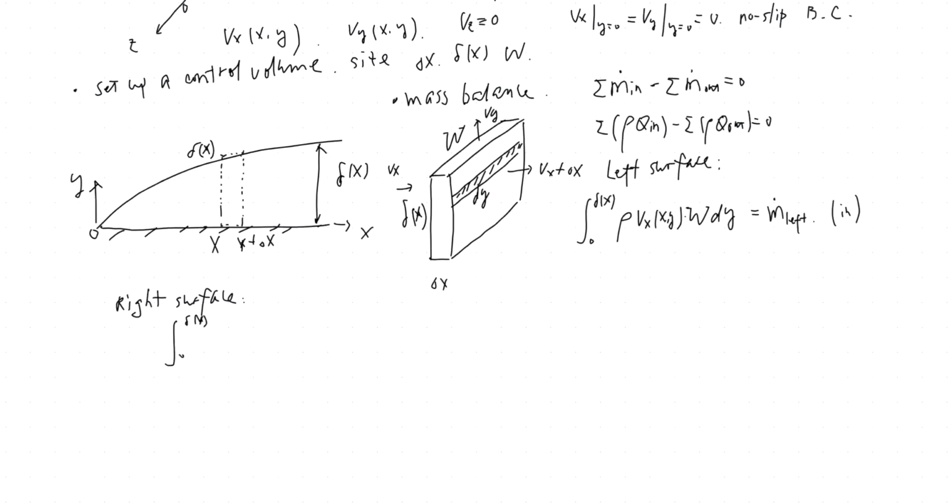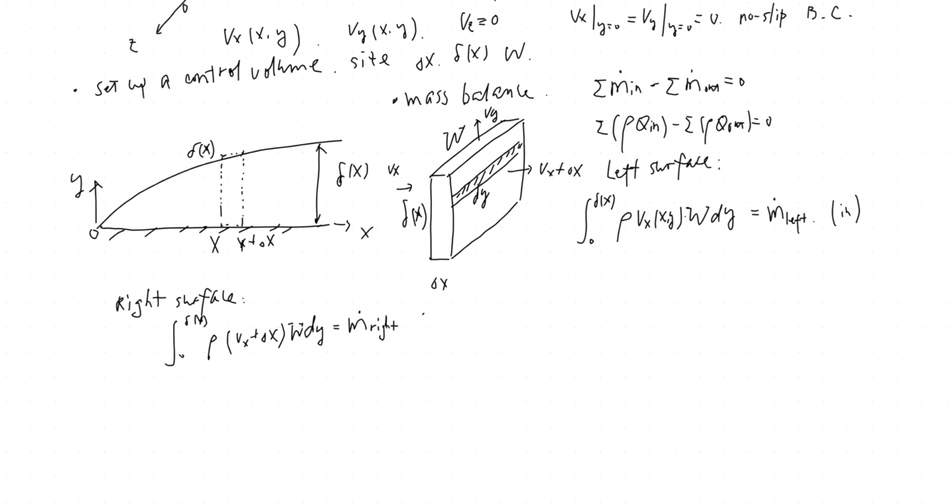Now the velocity becomes Vx plus delta Vx, and again, we multiply by the area element, w multiplied by dy. This is m dot at the right surface, across the right surface. And this is an outflow.